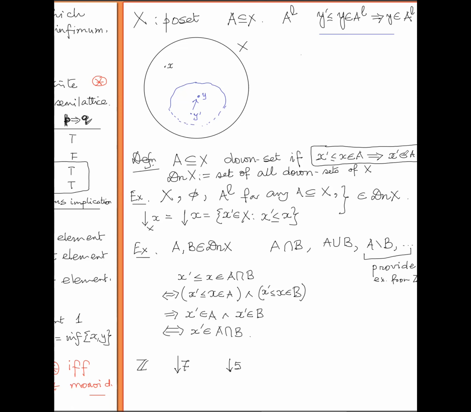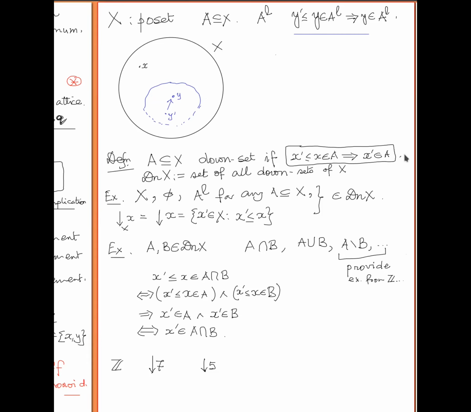With this in mind, would it be correct to say that the downset of A and B would be the smaller of the two sets, and the downset of A or B would be the bigger of the two sets? So, for the example that you gave with 7 and 5, would the downset for this 7 set and this 5 set be the 5 set, and then 7 or 5 be the 7 set?